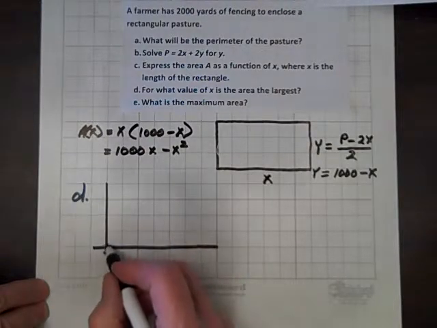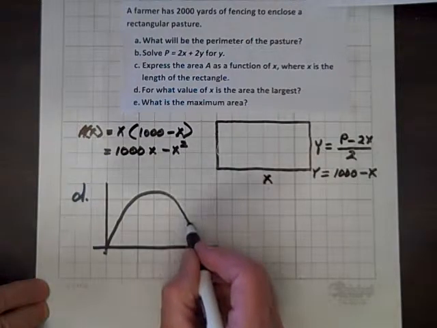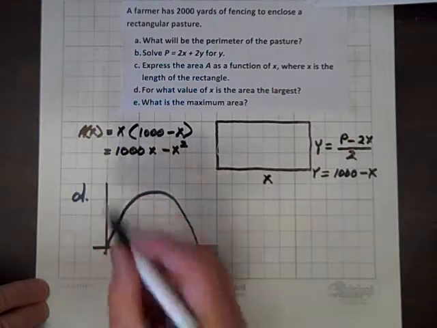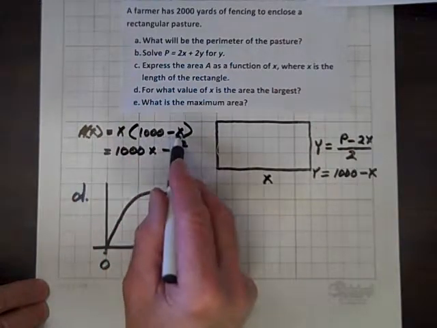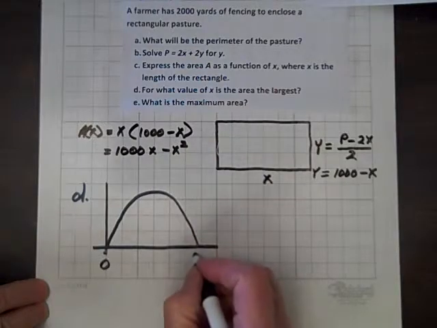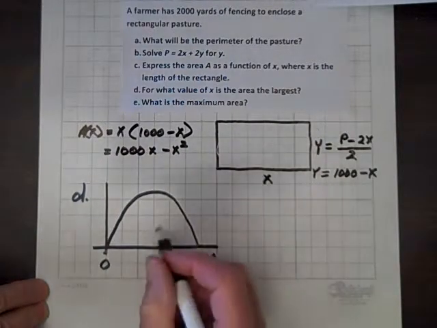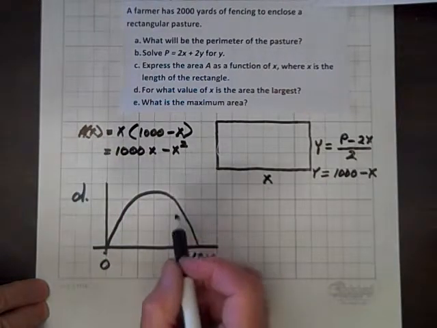So let's make an approximate graph of this equation. And the zeros are 0, because 0 will take this to 0. Also, if x is 1,000, we'll also get a value of 0 for the area.